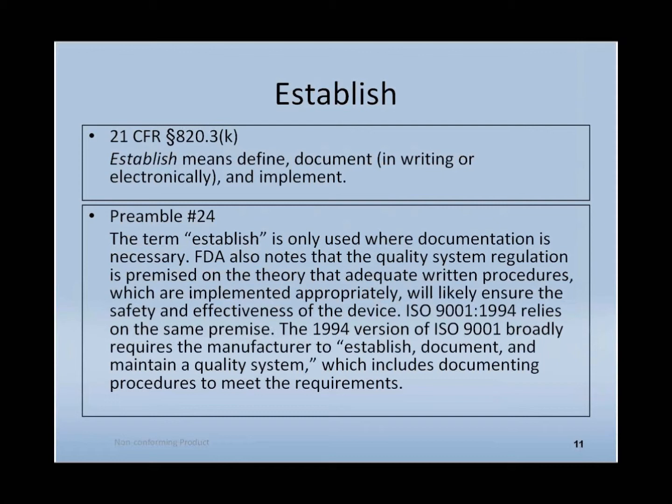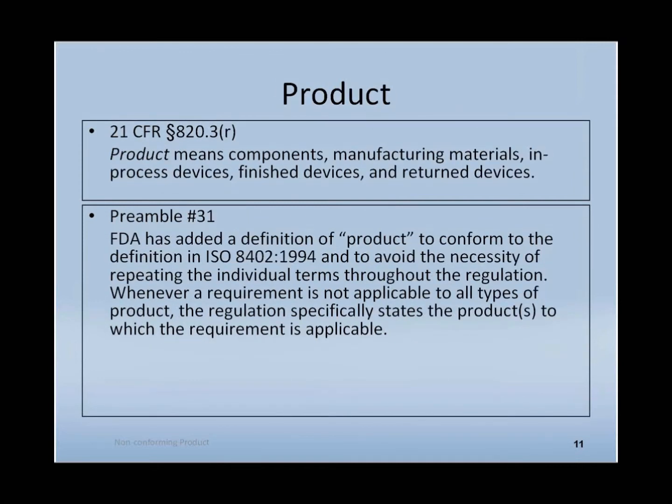Now, what does establish mean? We're going to see this all through the discussion about quality management systems. Establish in FDA terms is to define, document, and implement. And so what FDA is saying in the preamble, paragraph number 24, they use the word establish when documentation is necessary.